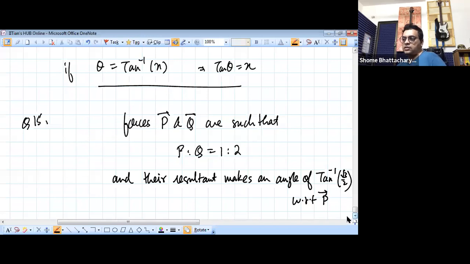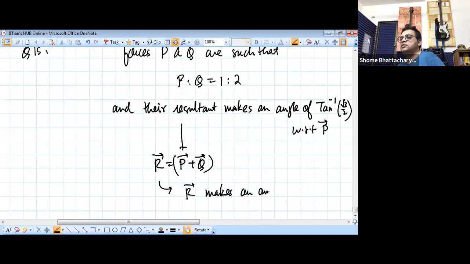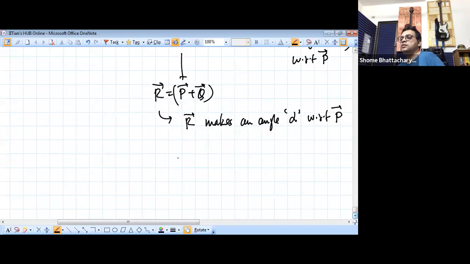The meaning of this statement is that if I denote the resultant as the vector R, then the vector R makes an angle, let's say alpha, with respect to the vector P, such that alpha is given by the value tan inverse root 3 by 2.